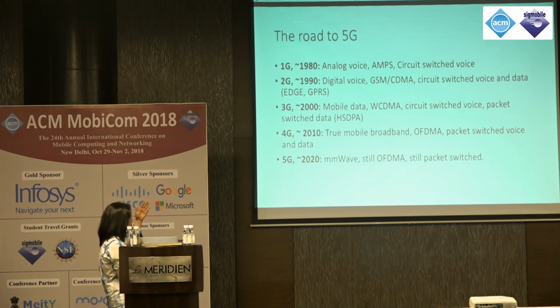The one that I was talking about was circuit switched versus packet switched. But it's also been very much focused on what is the physical layer technology that was used, right? So you went from analog to digital, and in digital you went from TDMA to CDMA to OFDMA. In 5G, we have not made drastic changes in what the physical layer looks like. It's still OFDMA, it's still packet switched, and the new piece is that we are using new spectrum.